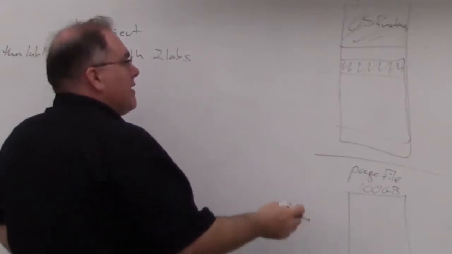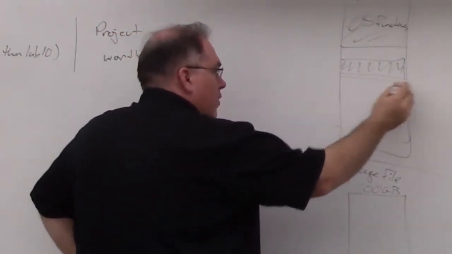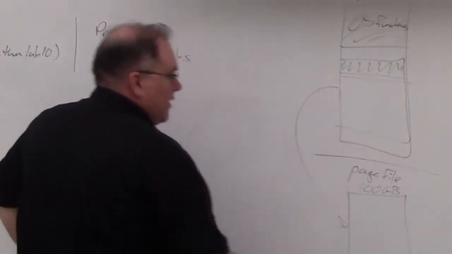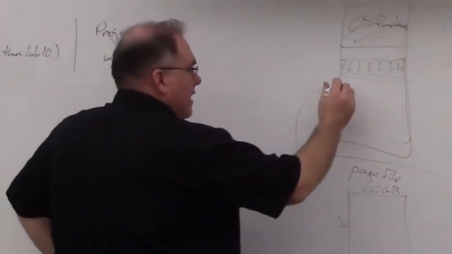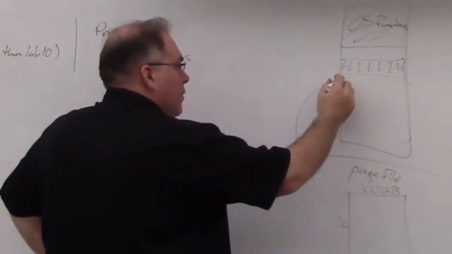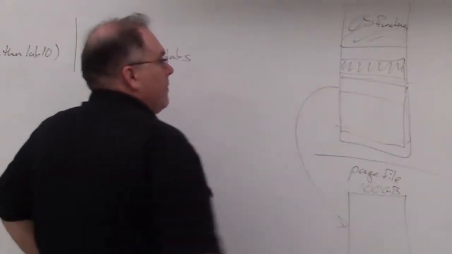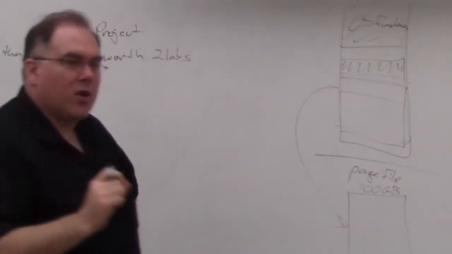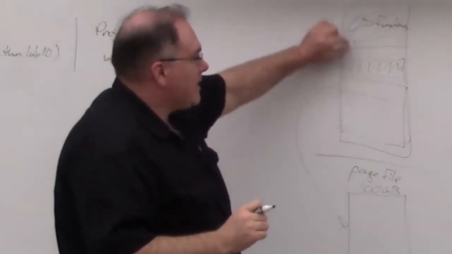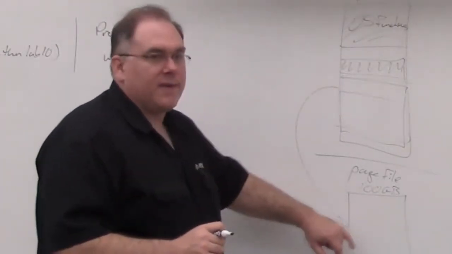But what the operating system can do is it could go, well, look, we haven't accessed all this stuff for a long time, so we write it out to this page file, we save it, and then we blow this away so your program no longer has access to this. And we load in the next program here, or whatever we need of the next program. And so only the part of the program that's running is being accessed in this memory. The parts that aren't being accessed are written out to this page file.